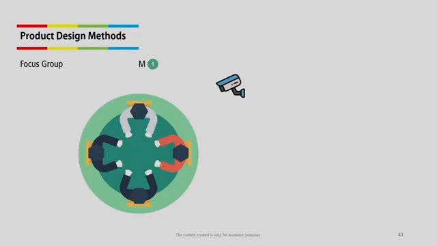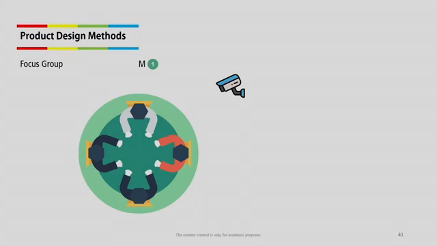Next method is the focus group, where there will be a moderator and we will call potential users on board, and we will be discussing with them a particular topic.